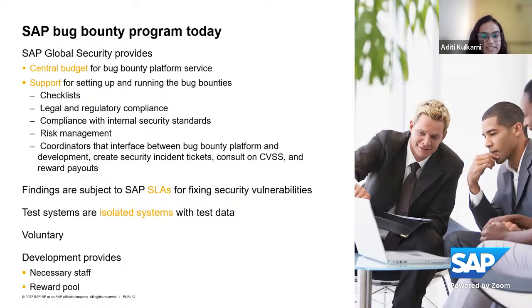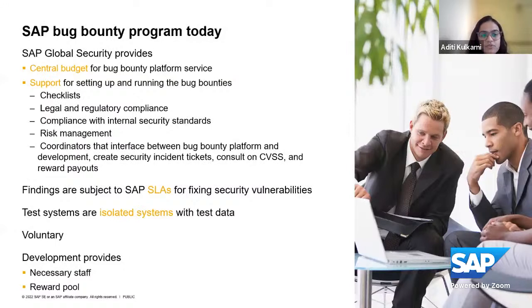Such SLAs are defined. The systems used in bug bounty cannot be productive systems, so an environment needs to be created and provided in the platform for the researchers. To set up that environment, create test data and test credentials, all of that is done by the engineering teams, the application teams that are opting in for the bug bounty programs.